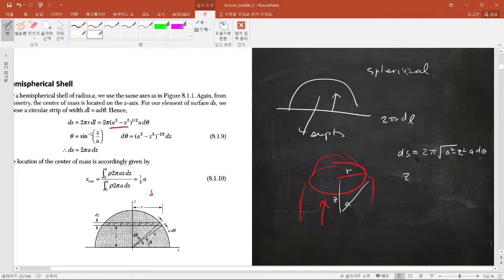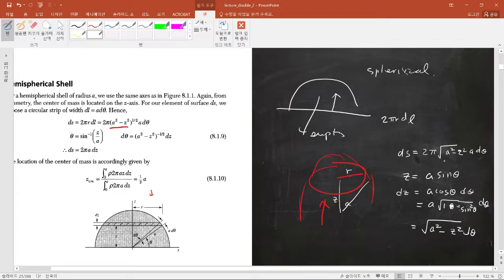So you have z equal to a sine theta, where this is theta, and dz is equal to a cosine theta d theta, which is a times the square root of 1 minus sine squared theta d theta, which is equal to the square root of a squared minus a squared sine squared theta, which is the square root of a squared minus z squared, times d theta.